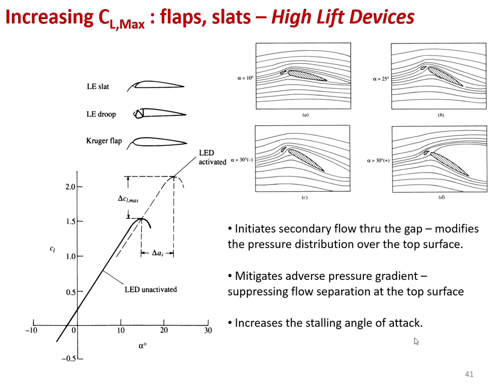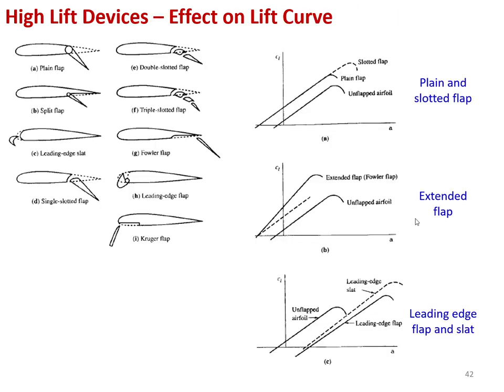And this is the only effect that the leading edge flaps have on your airfoil. It's a very useful effect, because they increase the maximum lift coefficient at the same time as increasing the stall angle of attack.